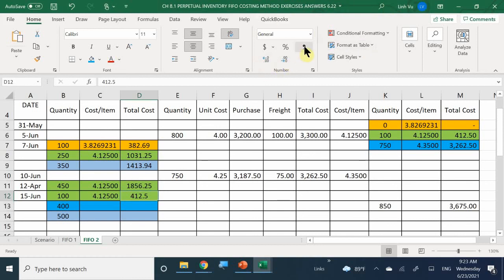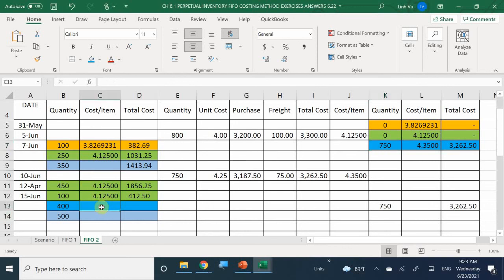There's no need to calculate, because at the end of the day, we know it's going to be 412.50. So then here I could just eliminate it from my batch because I got rid of the whole batch. So now for my blue batch, I need to sell 400 more.